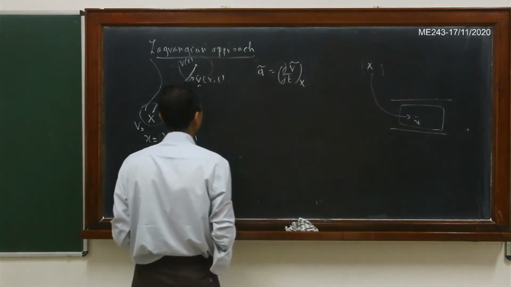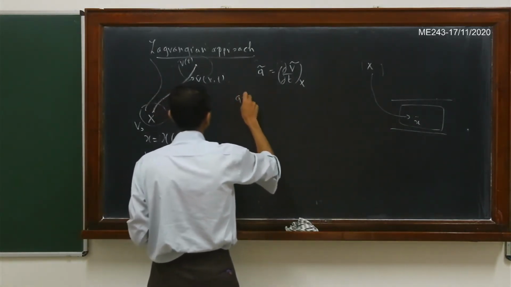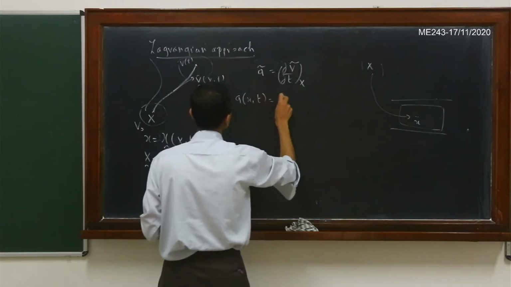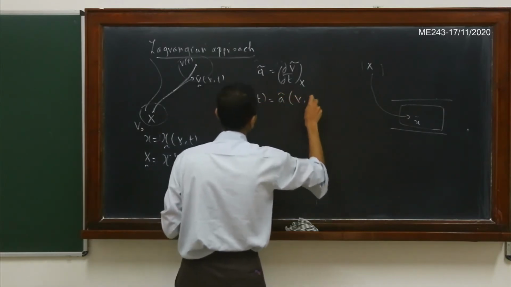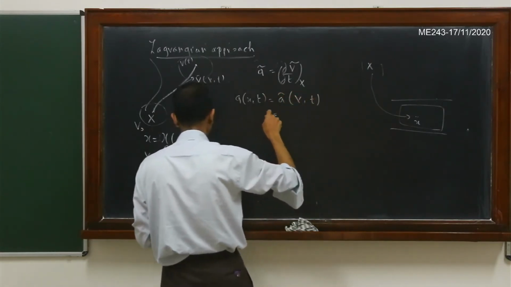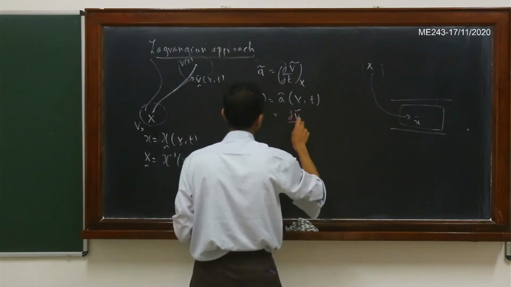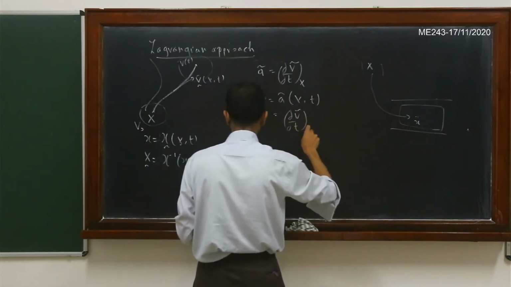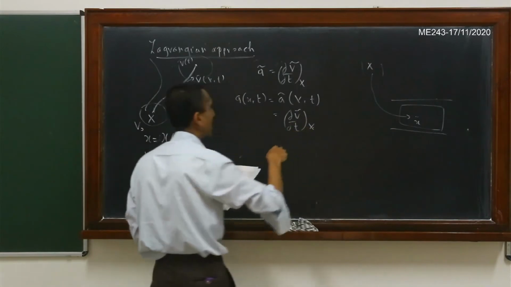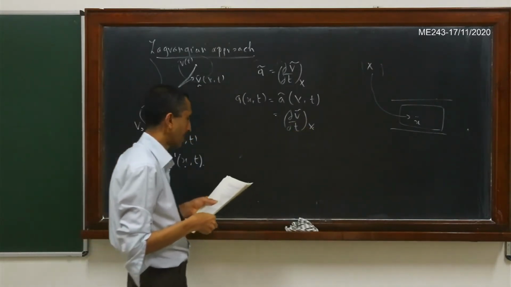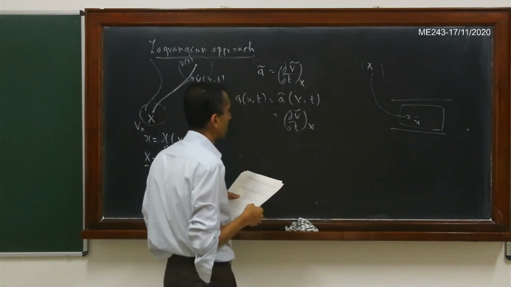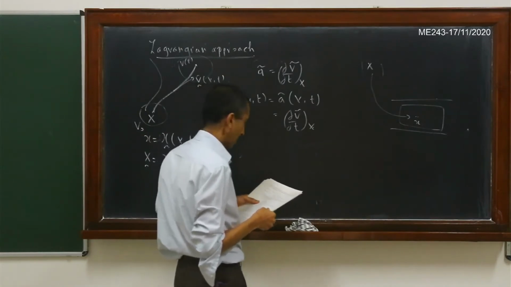So let us try to derive that. So A of x comma t is equal to A tilde of x comma t, and this is equal to del V tilde by del t, keeping capital X fixed. So I'll apply the chain rule now and get an expression for the acceleration in terms of small x. So let us do that.